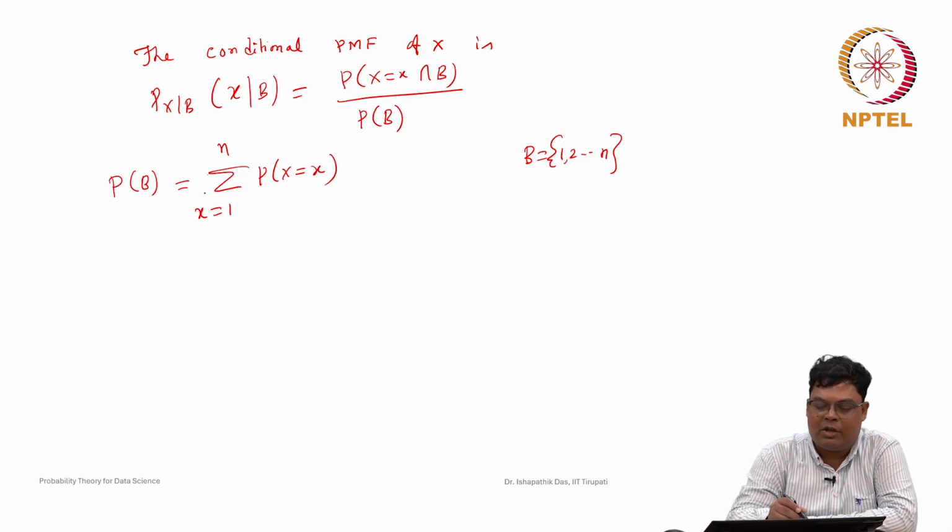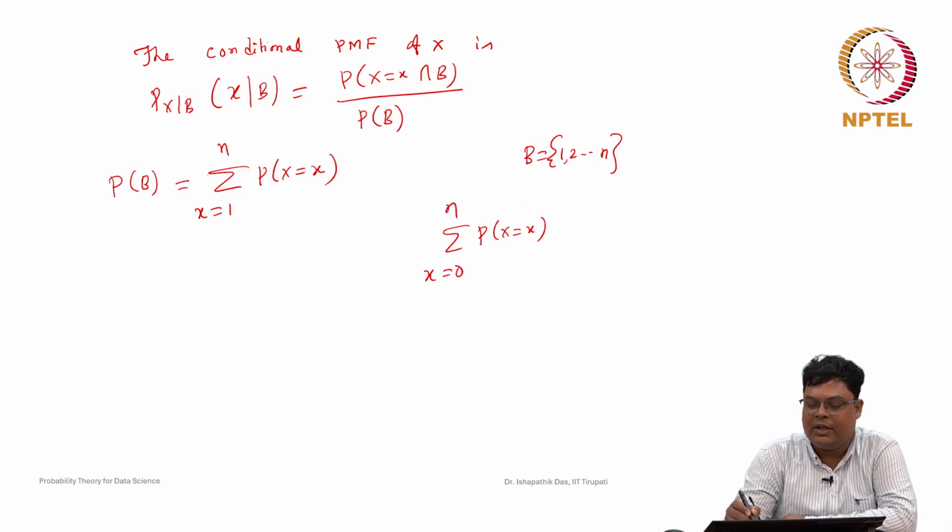But because it is a binomial random variable, we know that the summation of the probability that X is equal to x, for x equal to 0 to n, should be equal to 1, as we have already shown.